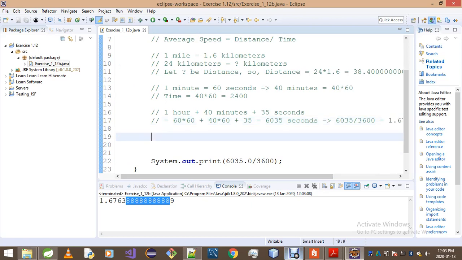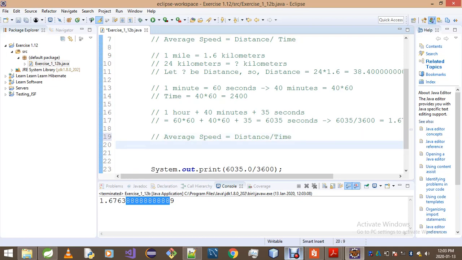Okay, so now our average speed is giving us distance all over time. So average speed is equals to, where is our distance?